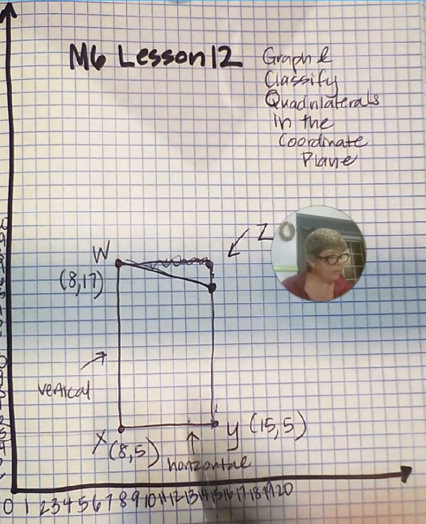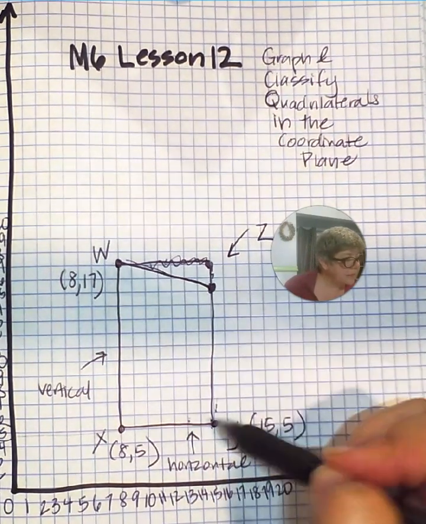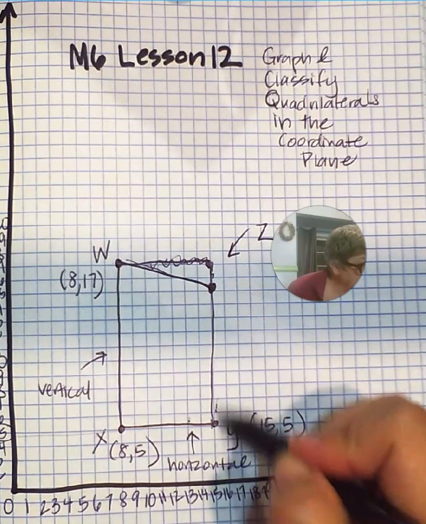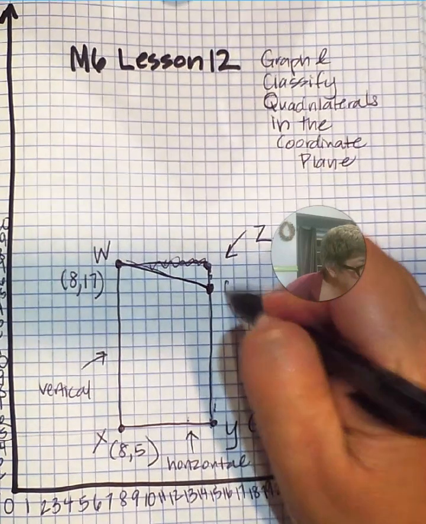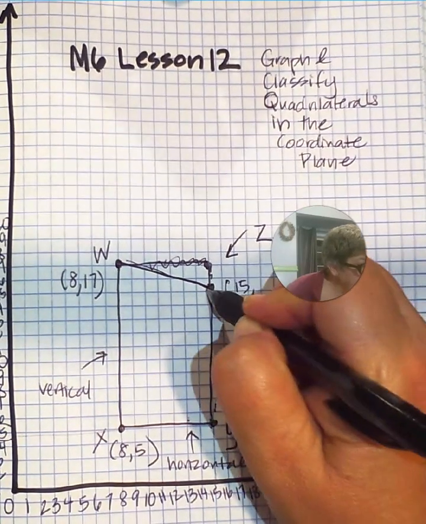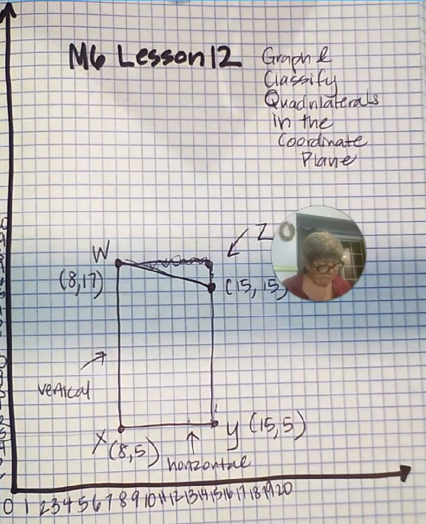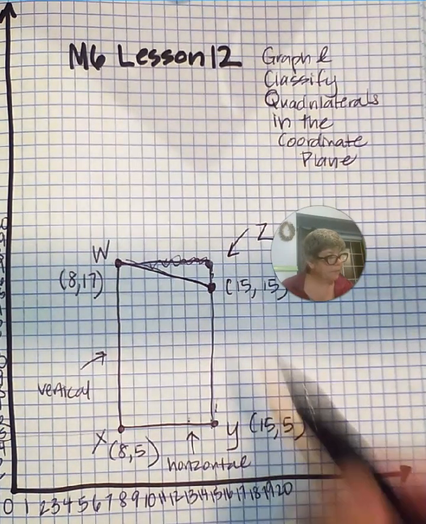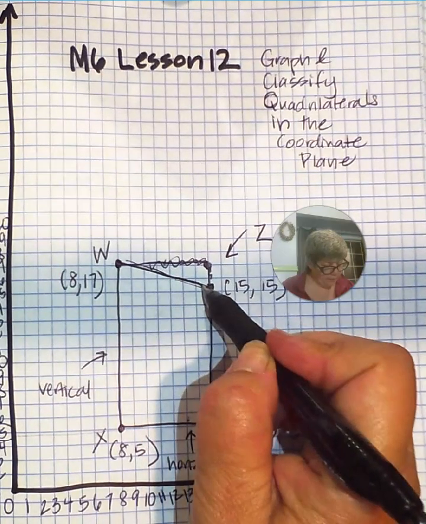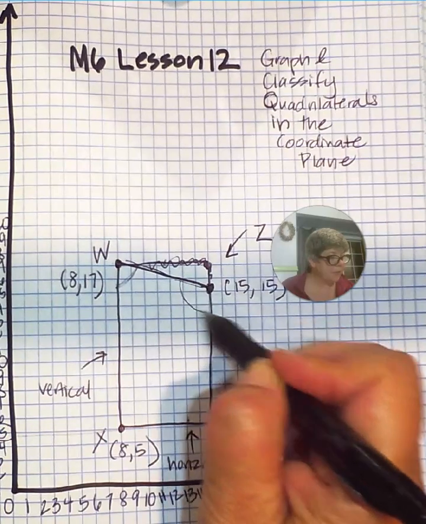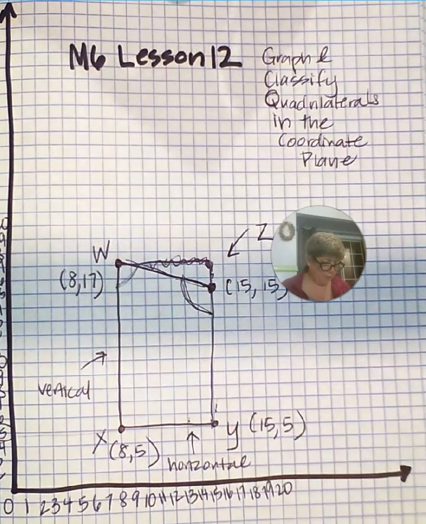Z has a y coordinate slightly less than W, I think it would be 1.5 on my grid. That makes this angle an acute angle less than 90 degrees, and this one an obtuse angle more than 90 degrees. Not a right angle, so it is a trapezoid.